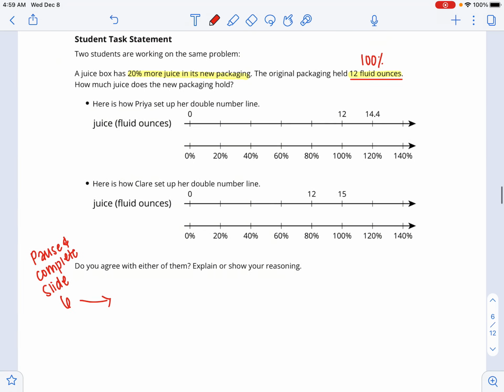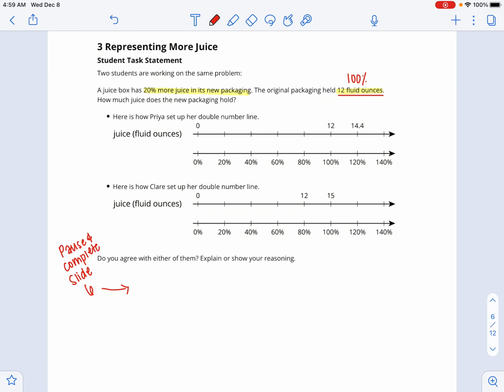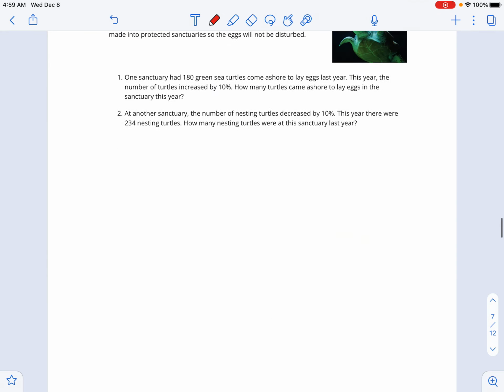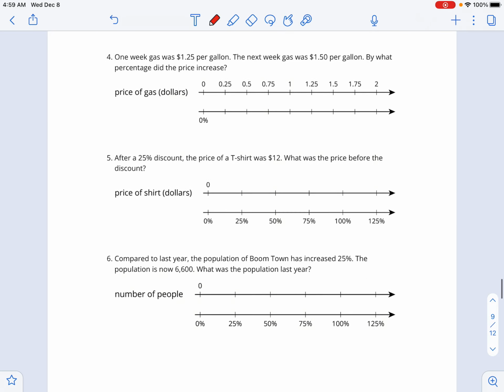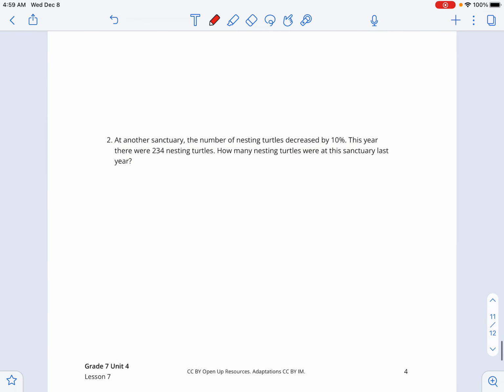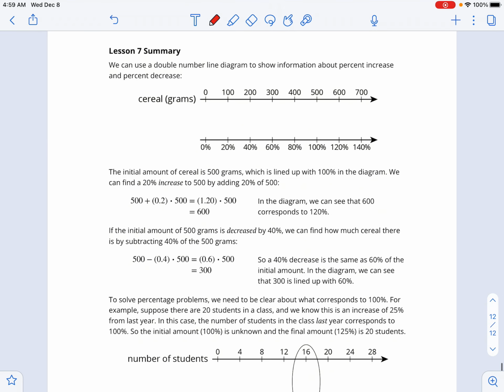At this point, you should have completed all the questions in your ClassKick slides 1, 3, 4, 5, and 6. Let's summarize the lesson. We can use a double number line diagram to show information about percent increase and percent decrease. When we know the initial amount of cereal is 500 grams, we know that 500 is lined up with 100% in the diagram.